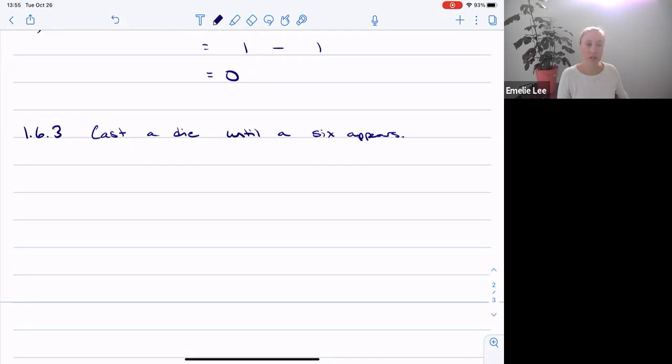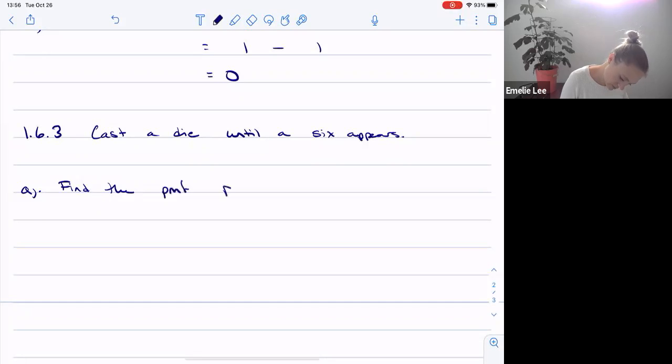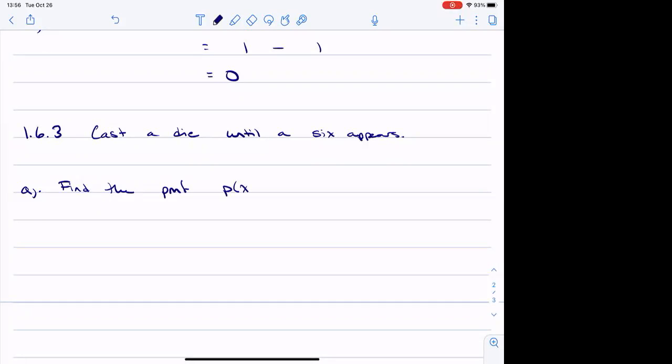So first thing we're asked to find is the PMF. This is discrete, because casting the die 0 times doesn't really apply, since then I can't get anything. 1 time, 2 times, 3 times, 4 times, 5 times, etc. And so find the PMF. Oh, question? Maybe?